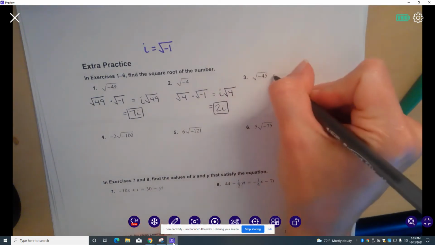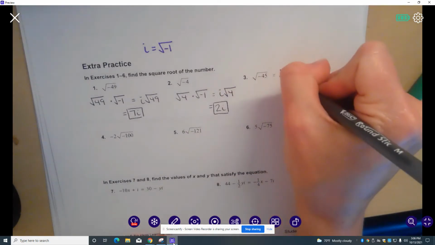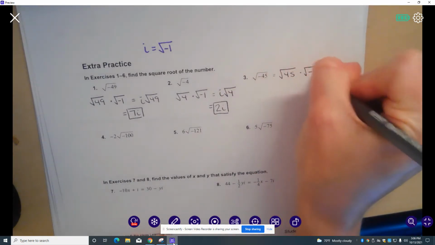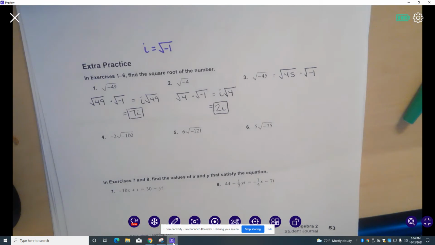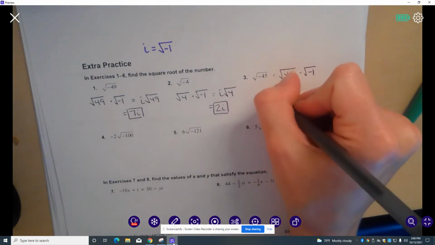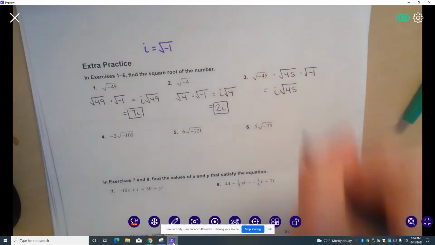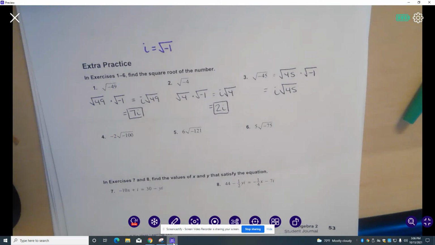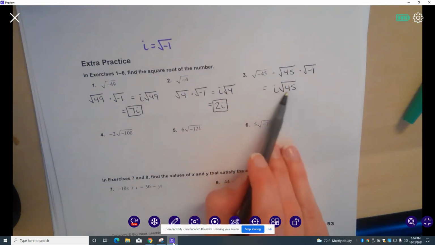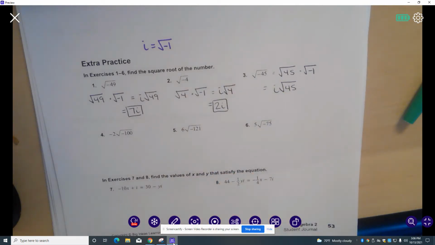All right, now remember the square root of -45, I can think about rewriting that as the square root of 45 times the square root of -1. We know this is equal to i, so this will be equal to i times the square root of 45. Now I want to check to see if I can simplify this, because the square root of 45 is not a perfect square, but I do need to see if I can simplify.